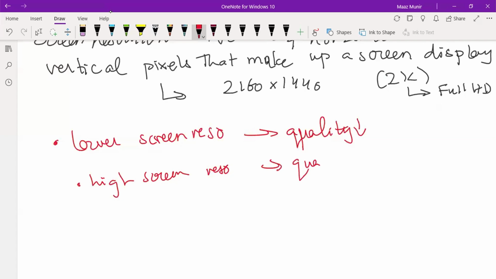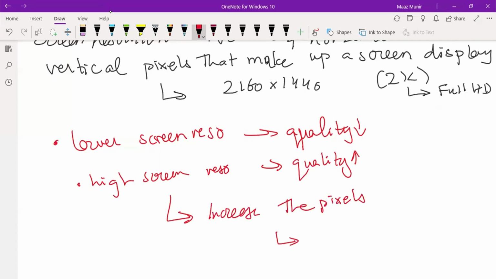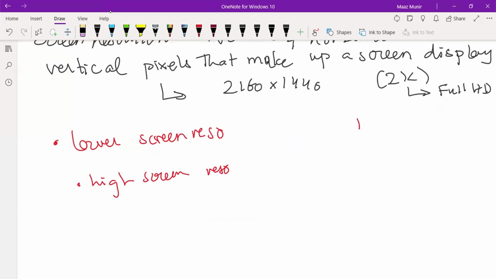And how do we improve the screen resolution? Increase the pixels. And how could we increase the pixels? By increasing the number of bits, or the bit size. That is all.